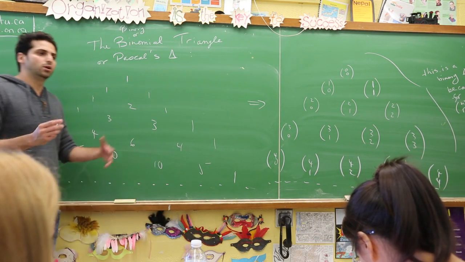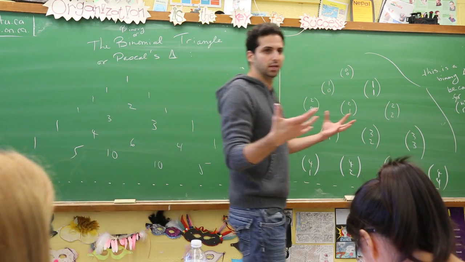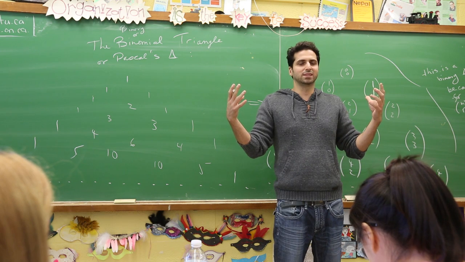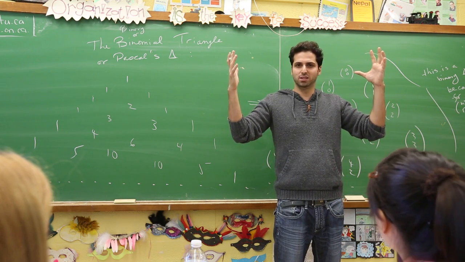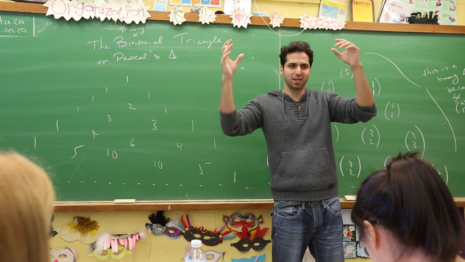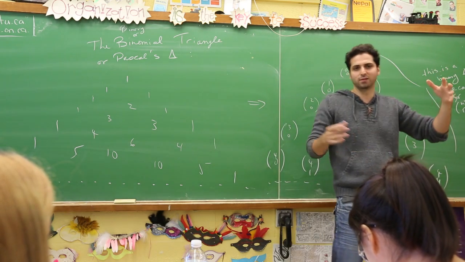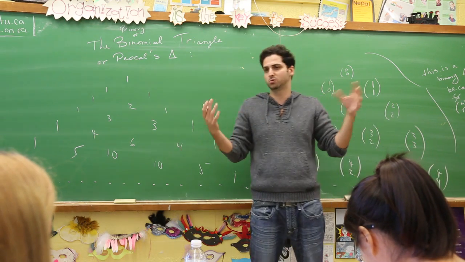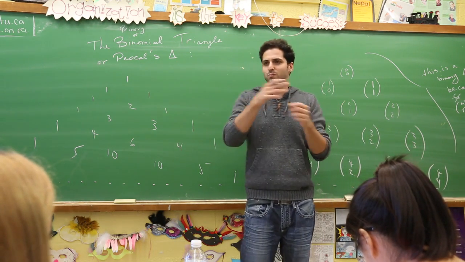When it comes to the binomial expansion, which we'll discuss again later, when you expand binomially, what happens? You basically have, let's say, a plus b to the n. So let's say you have a bunch of a plus b's in brackets. If you have a plus b squared, you have 2 factors of a plus b. If you have a plus b cubed, you have 3, you have 4. But when you expand, what happens?